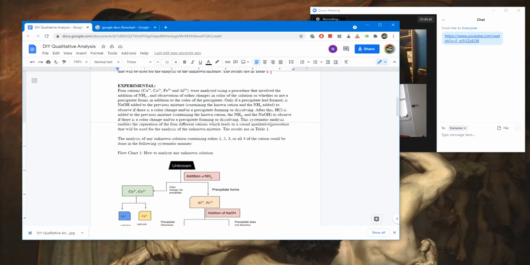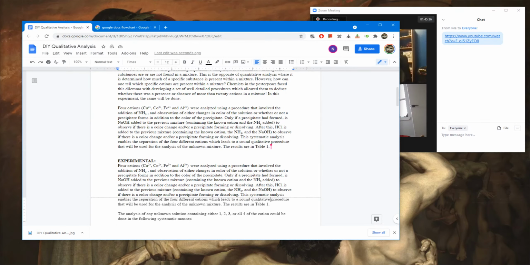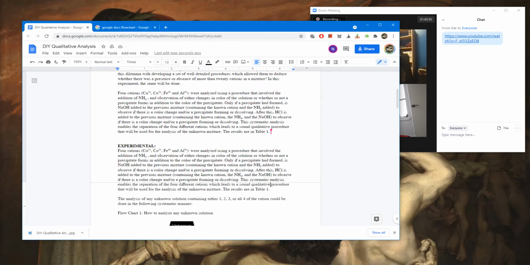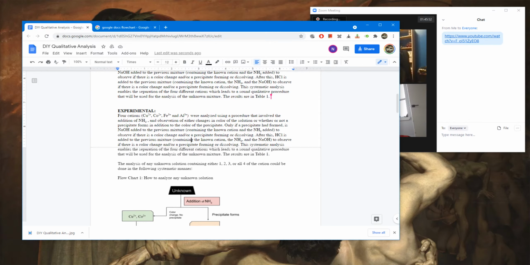The teacher would prefer it to be in the introduction, where you explain in words what they're going to do, and then the steps are in the experimental. So the flow chart and the steps should be in the experimental, but the paragraph with the 4 cations should be in the introduction.